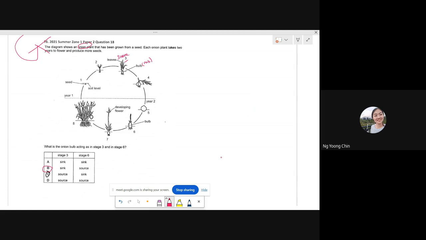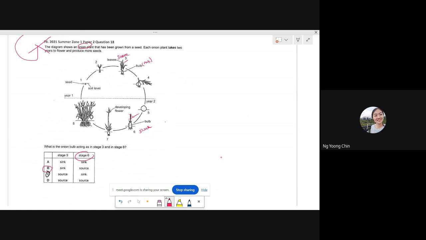After the plant dies, this 6 means that the bud itself becomes the source. After the onion plant dies off, its leaf has already been removed, so it doesn't have a leaf anymore. But it still needs to grow new flowers, right?